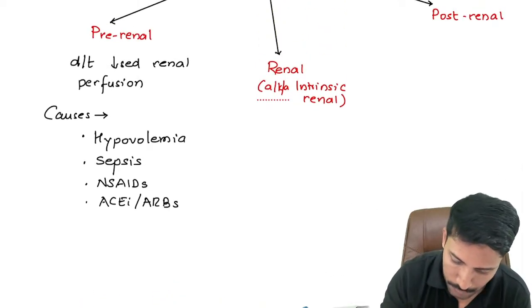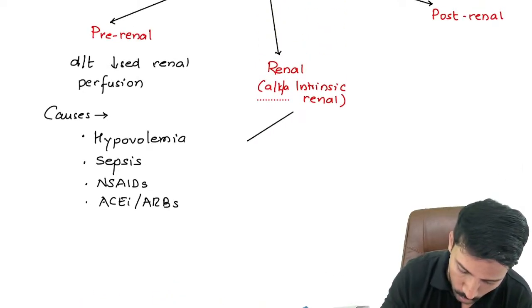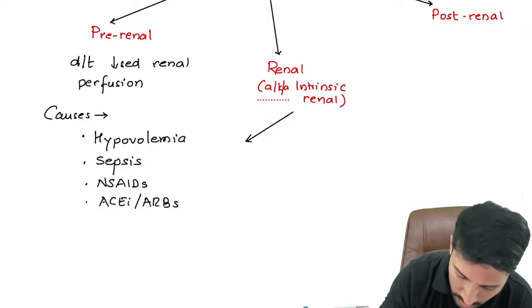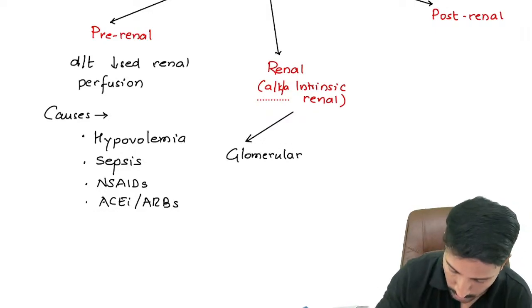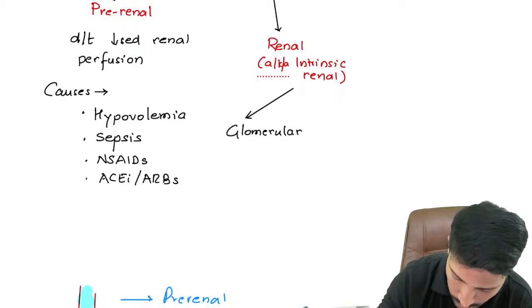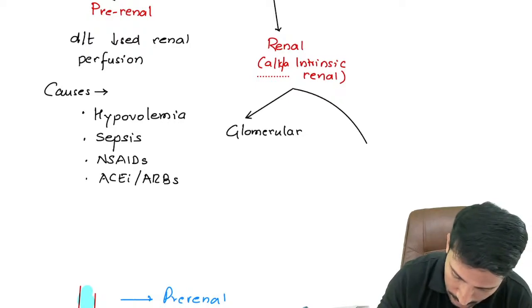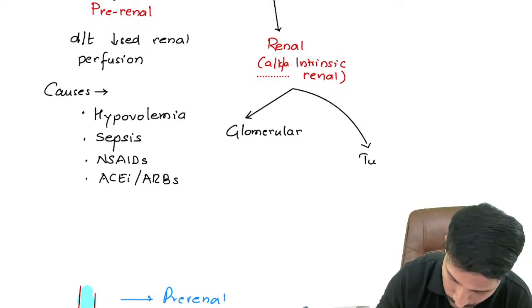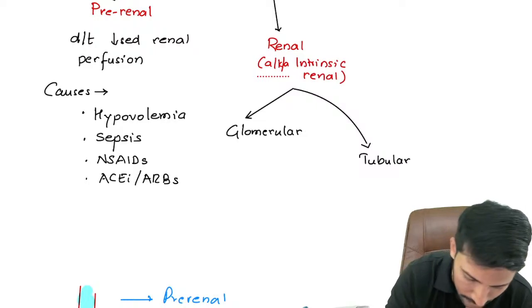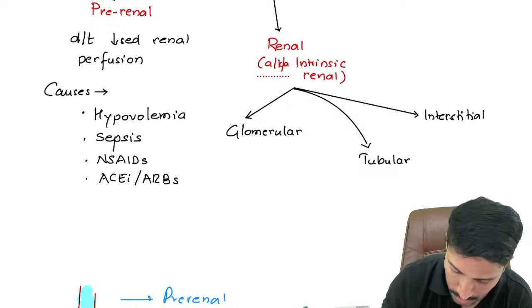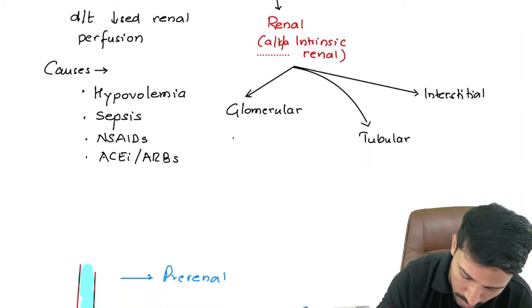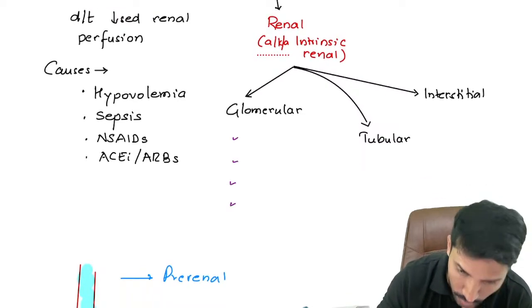So the first thing is glomerular, which is the most common cause for renal dysfunction. Second, tubular. And the third one is interstitial. Glomerular causes: what are the conditions which can present as acute glomerular pathology?